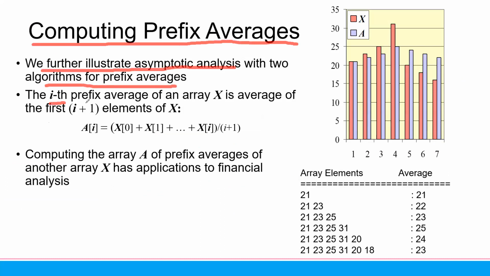The i-th prefix average of an array X is the average of the first i plus 1 elements of X. So for example, A[i] will be x0 plus x1 plus until xi, divided by i plus 1.